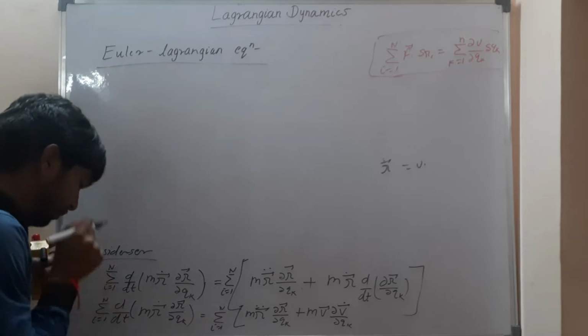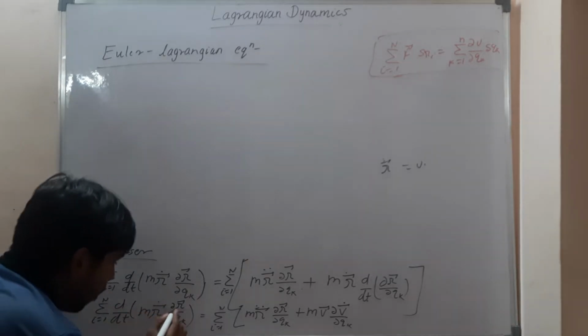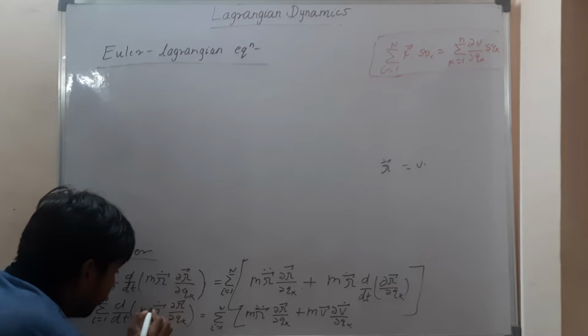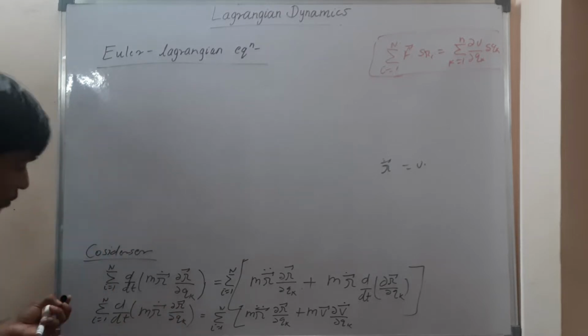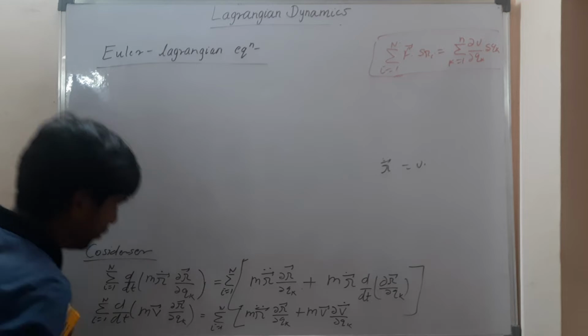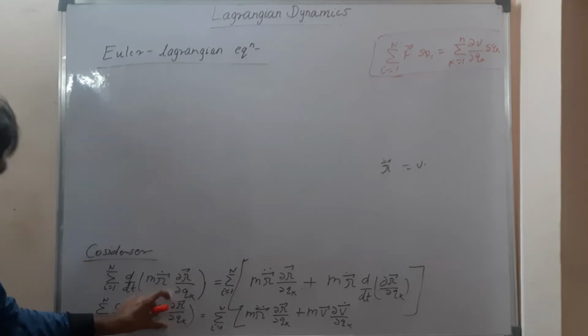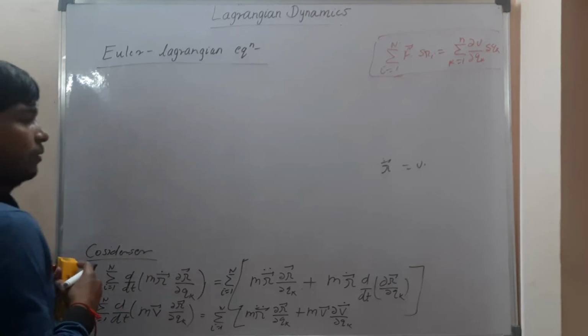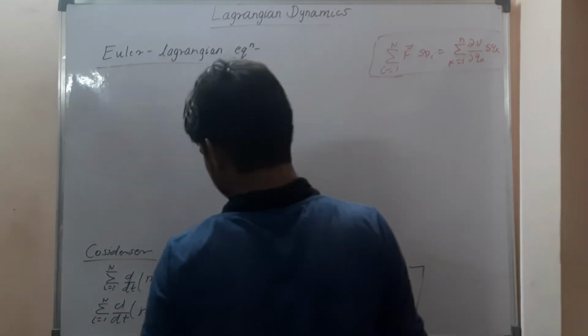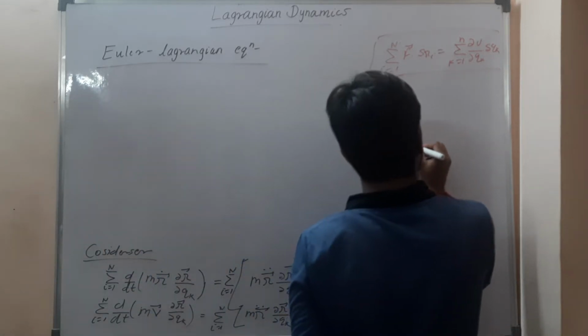Similarly, if I think about this one, see here, if you know this one I can make a change where we convert into velocity, so this will be velocity. Similarly, if you think about this term, let me work on this one, ∂r by ∂qk.